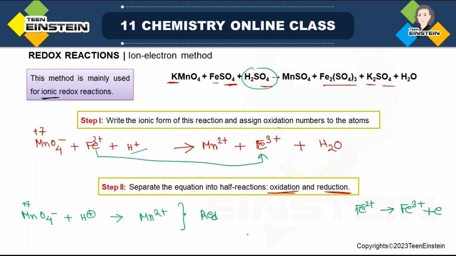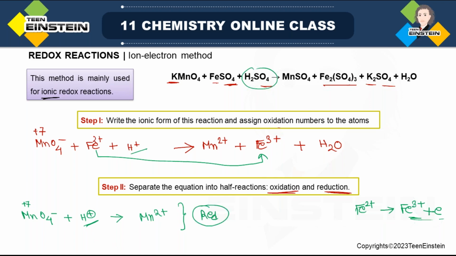Why I'm not writing the electron here is because we have to also add the correct number of H⁺, and H is also carrying some positive charge. So once we are done with balancing hydrogen and oxygen, then it is better to finally add the electron. Here I have directly added the electron because we do not have any H or oxygen, but in this case we have H, so we can add the electron later.